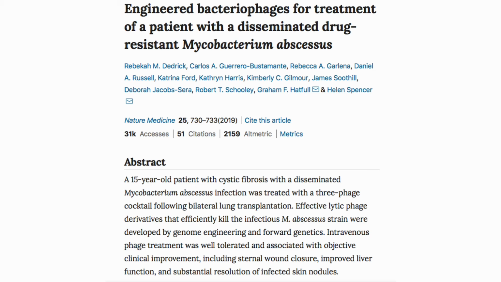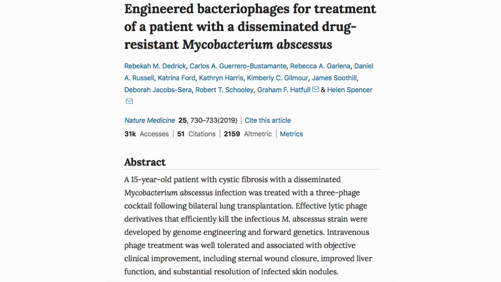This work was published, I think, in May of 2019, so it's very recent. It's a fascinating story, and I think we're going to see more stories like this coming up. So what happened here was there was a 15-year-old girl with cystic fibrosis, and patients of this sort often have lung transplants. She had a double lung transplant.